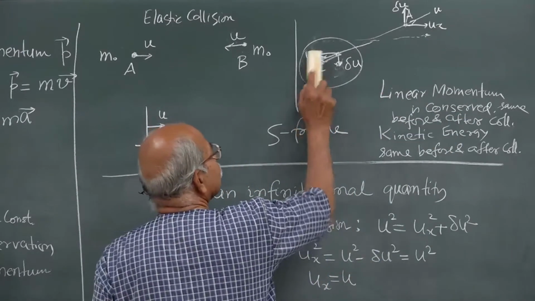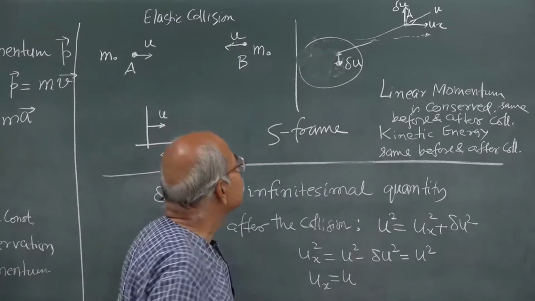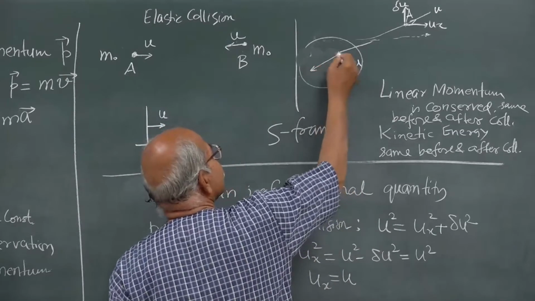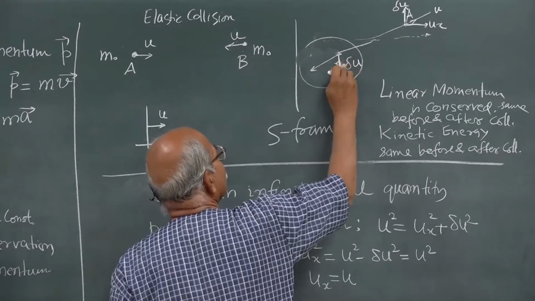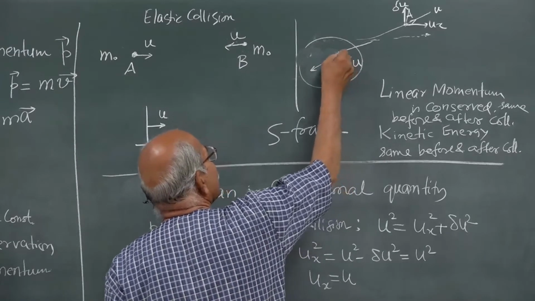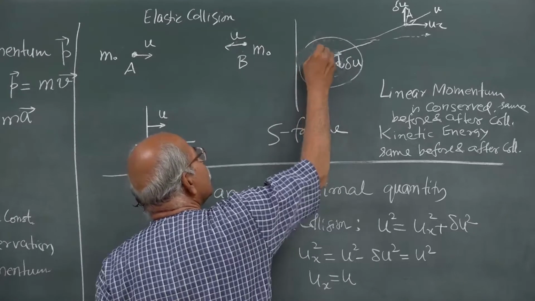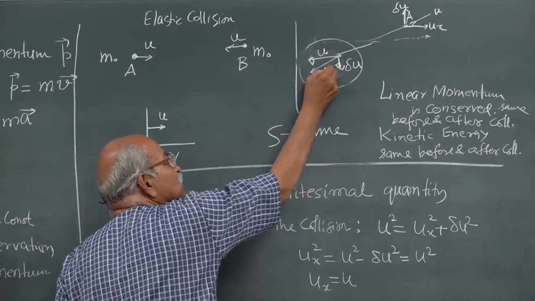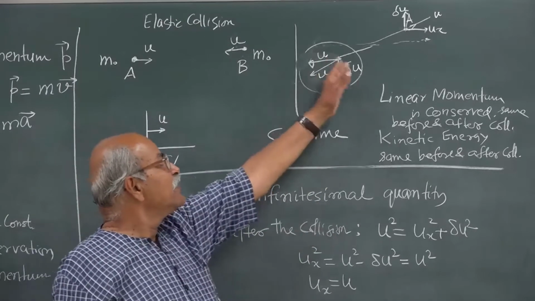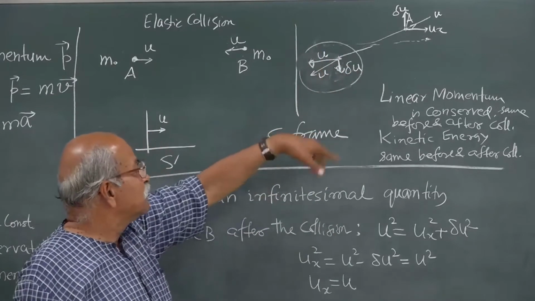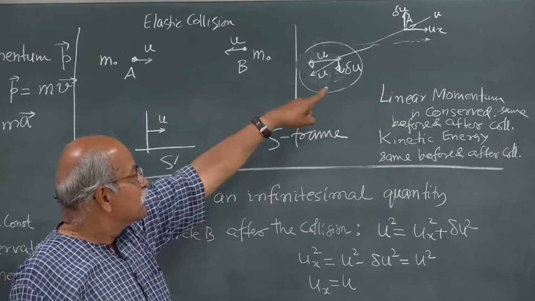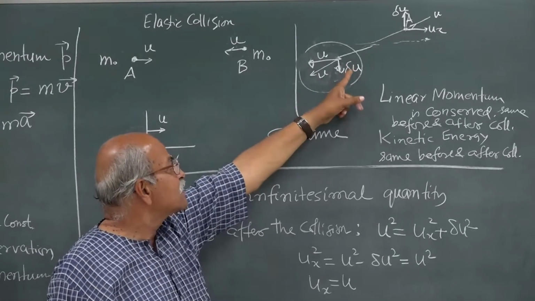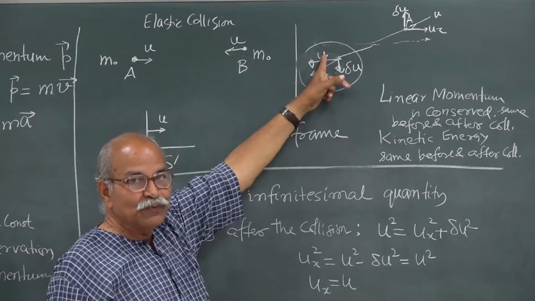Let me write that. Here I have this particle going in this direction, with a small y component, which is delta u, and the x component still remains u, and the speed is also u. It may look peculiar, but remember delta u is a first order small quantity compared to u.